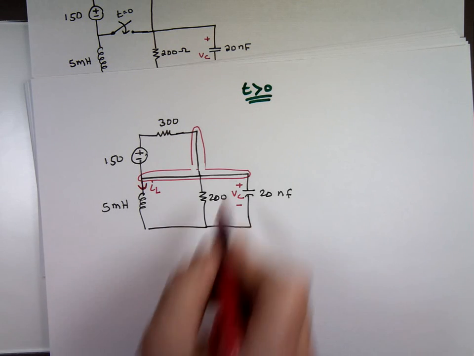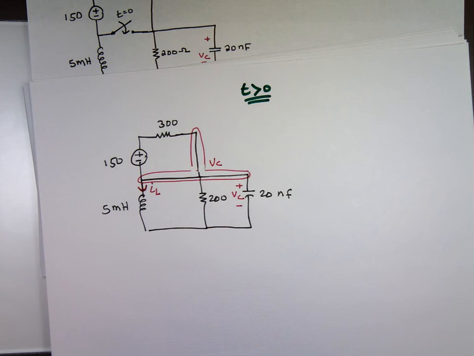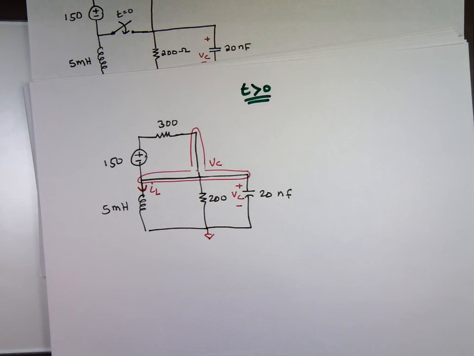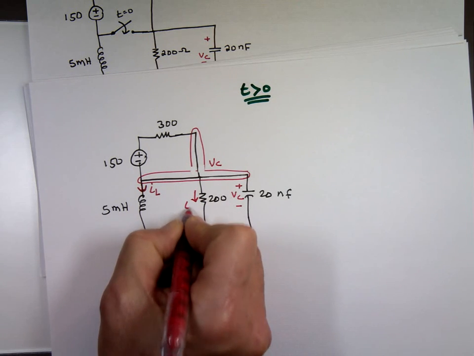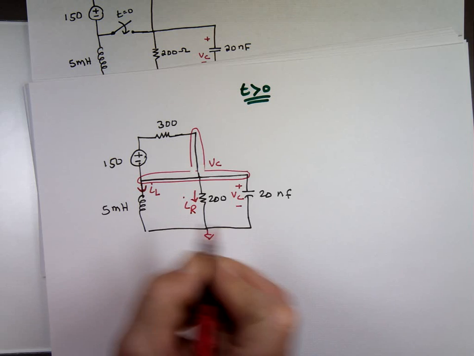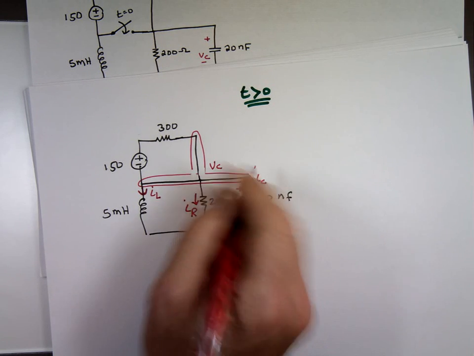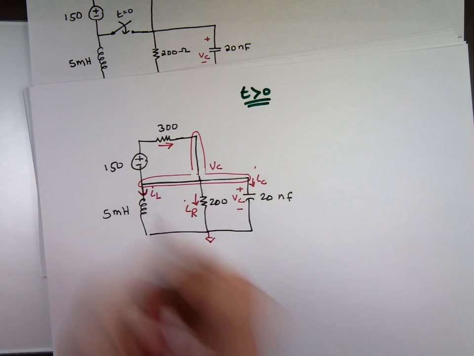So this voltage here is VC, all of that. If this is ground, this is VC. Let's call this current I sub R. Let's call this current going down I sub C. On the top, what do you want to call that current going in? I sub Z.